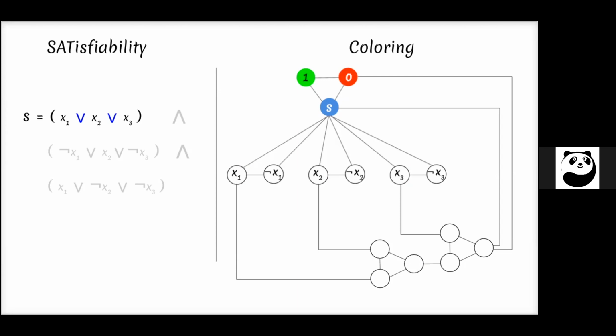So the answer is that this graph was constructed with a little bit of tinkering, a little bit of intuition. It's kind of an art. There is no mathematical way of constructing a reduction. It takes some intuition.